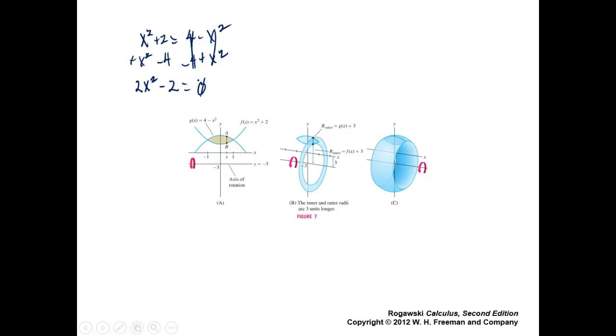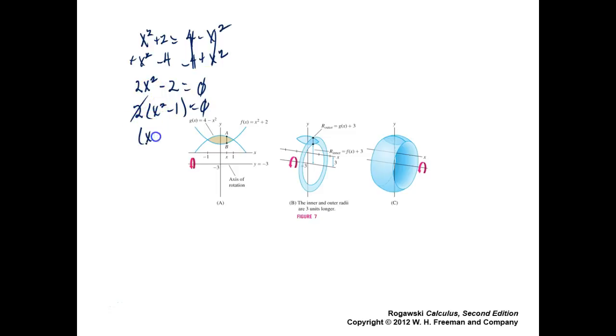Now what will you do next? Yeah, factor out a 2. That leaves you x squared minus 1 equals 0. You can divide out that 2 with no loss of generality here because that's an equation.